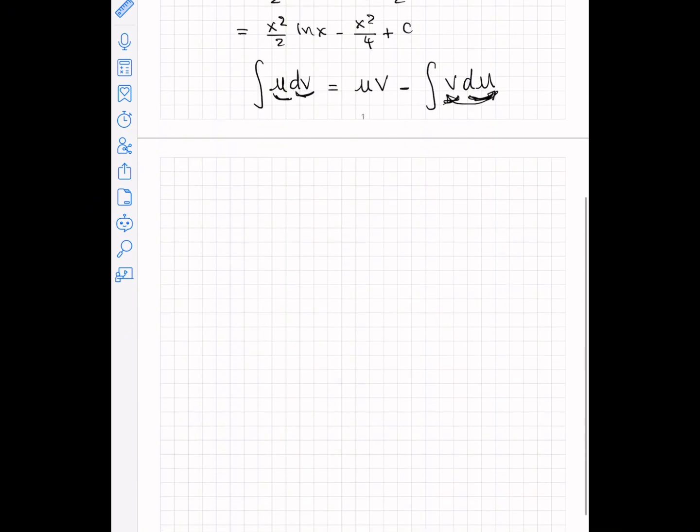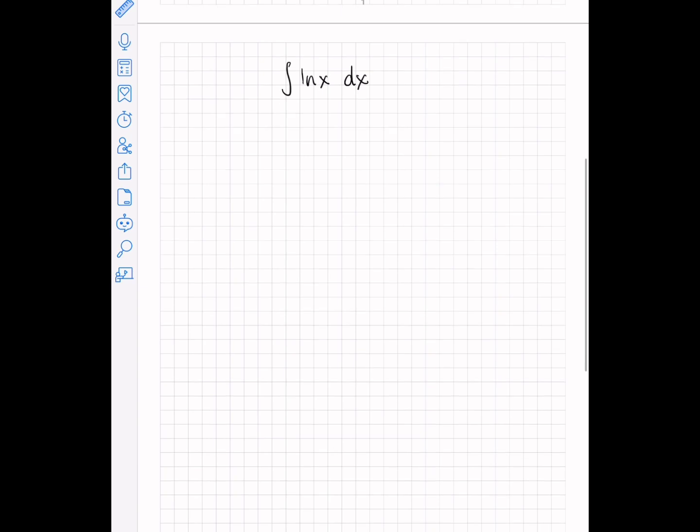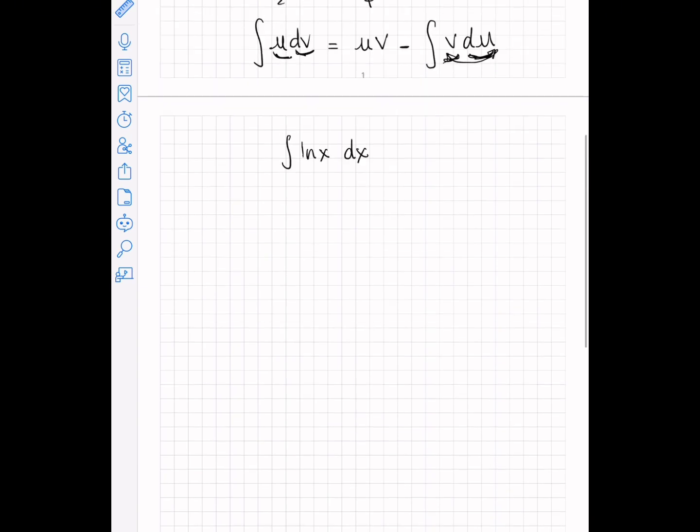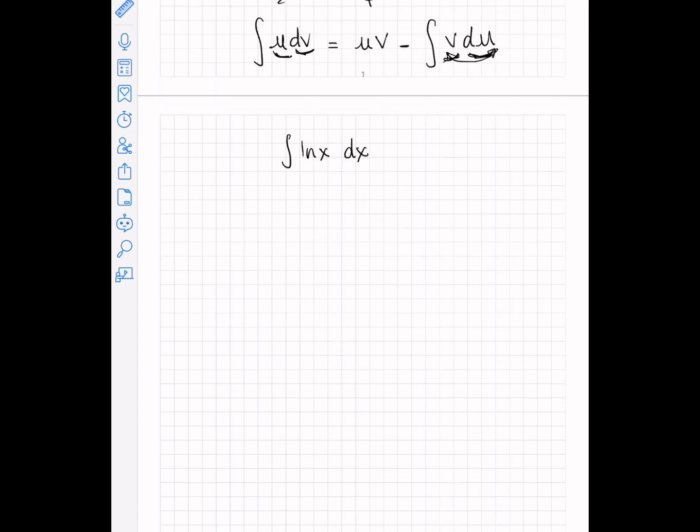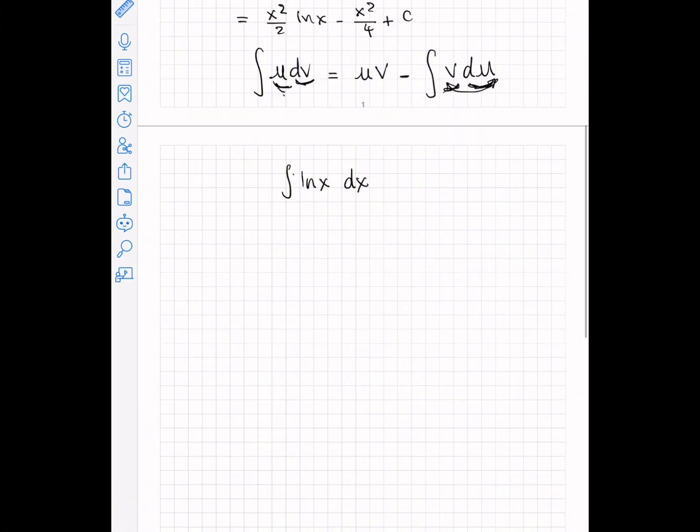Let's try another example. One of the simplest examples for integration by parts is actually integrating ln x dx. So in this case, we have two functions. The first one is going to be ln x, and the other one is going to be 1. So now we've got to identify which one is u and which one is dv.